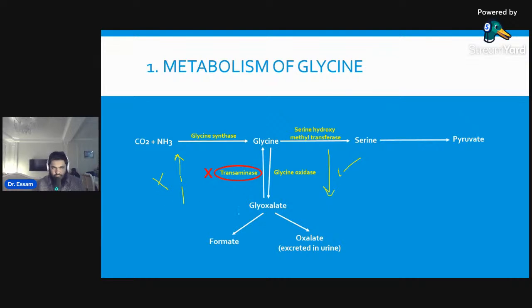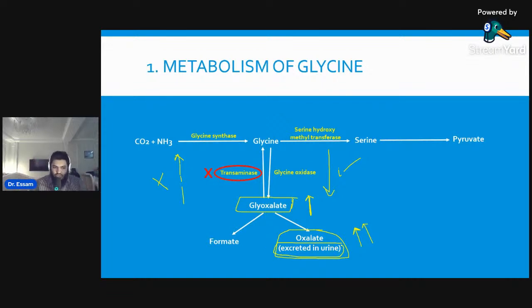What will happen to glyoxylate? It will increase. Glyoxylate will increase. And because of glyoxylate, oxalate will also increase. So both glyoxylate and oxalate will increase. And what does the body do? The body tries to remove oxalate from the body, right?